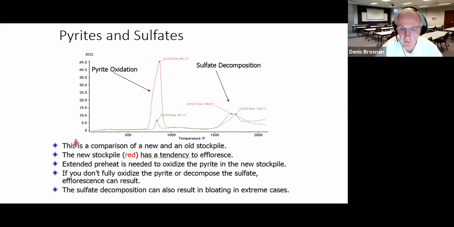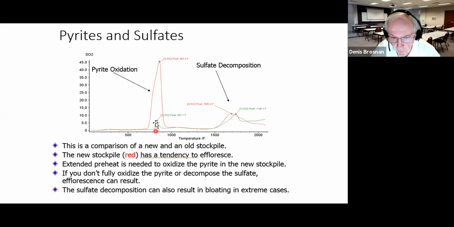So here's some example of pyrites. The pyrite oxidation, the later second step in the oxidation. That's in a material that was freshly mined. Over time, some natural oxidation will take place in the clay, even in the clay pile.